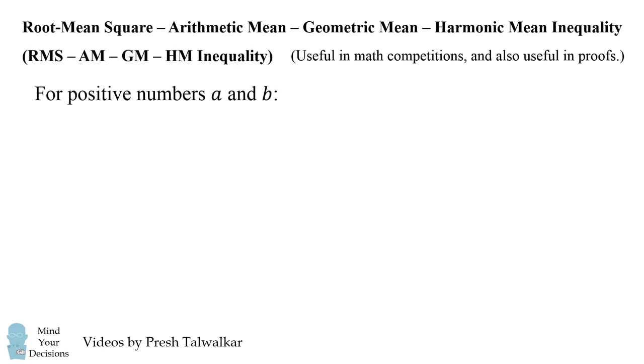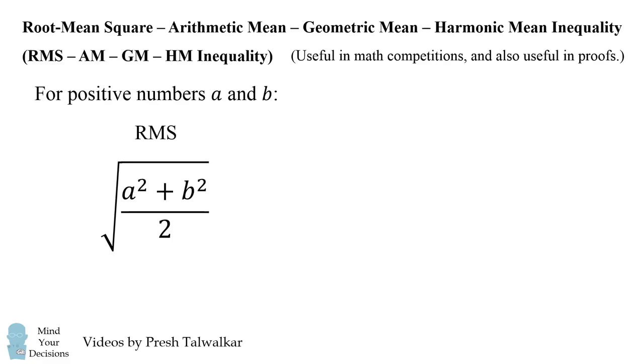For positive numbers a and b, the largest quantity will be the root mean square. This is equal to the square root of the quantity a squared plus b squared all over 2. This will always be greater than or equal to a plus b over 2, which is called the arithmetic mean.